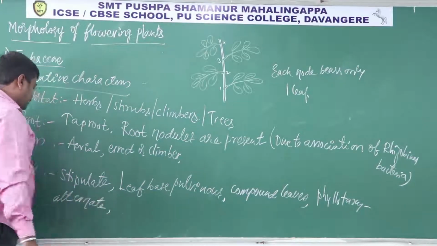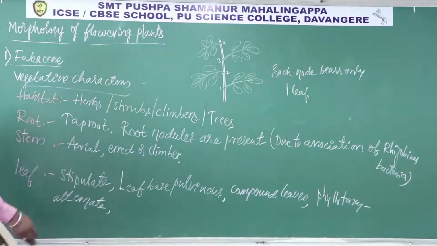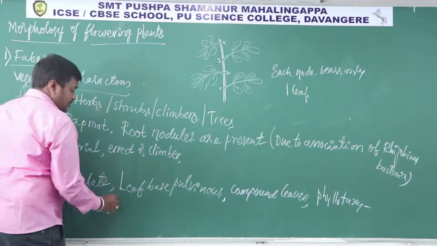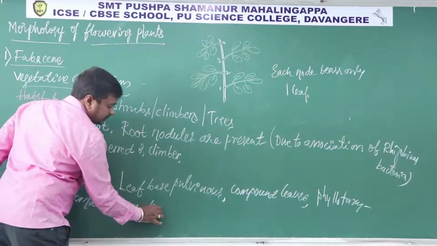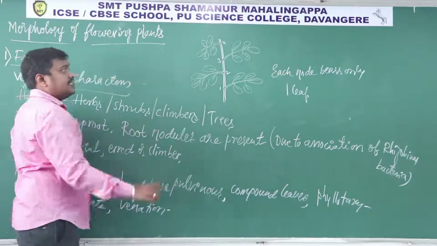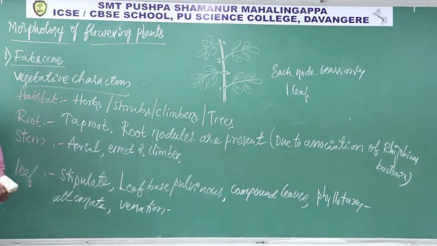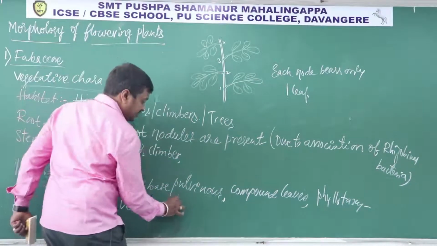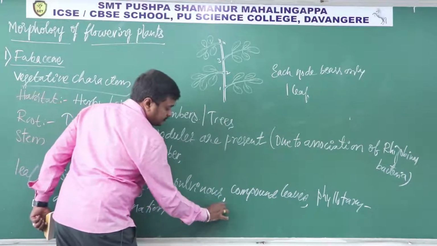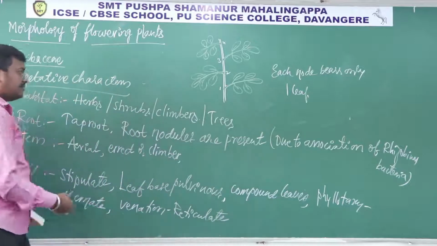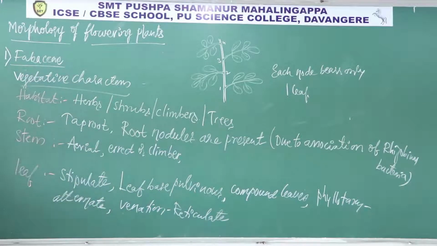Then with respect to the leaf lamina, the venation. Since it comes under the dicots, the venation is reticulate. Okay, so these are the characters which come under vegetative characters.